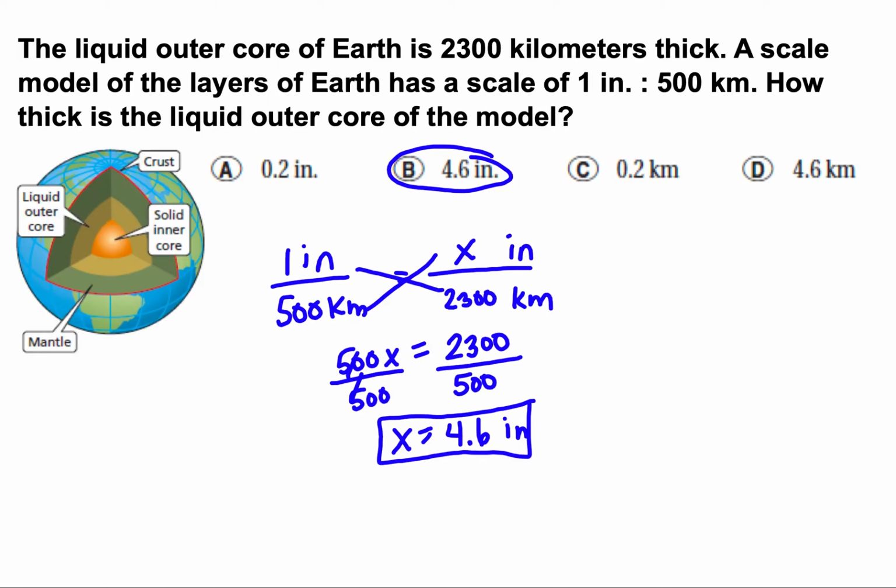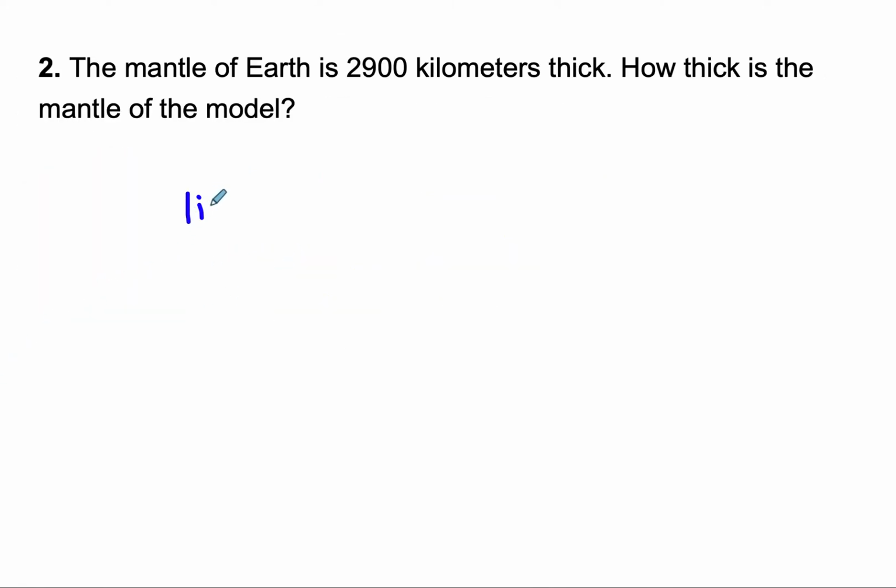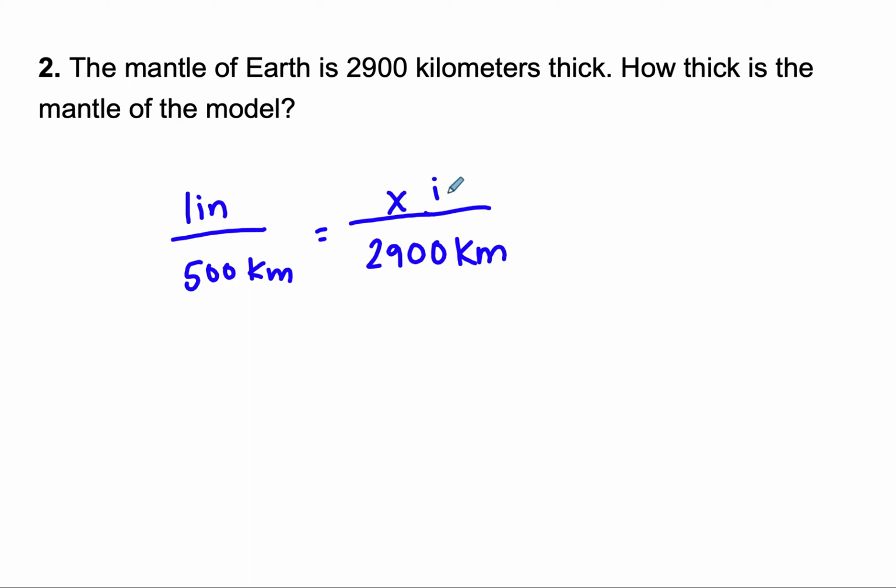So going back to this last one, we have the same scale, 1 inch to 500 kilometers. This time our number for our actual is 2,900. That's my kilometers number. We're looking for a number of inches. When I do cross products, I get 500x equals 2,900.